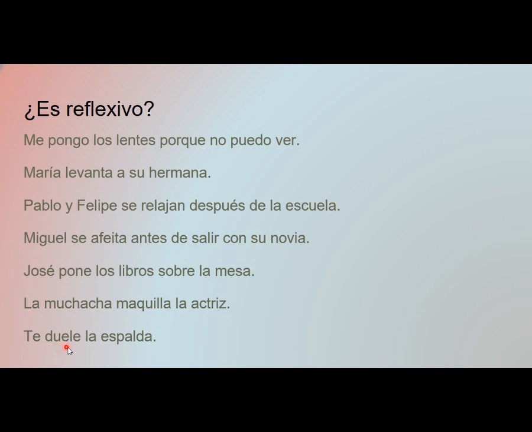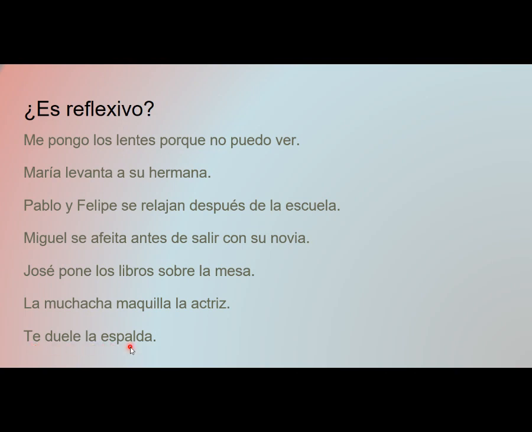If you look at the verb duele, it is not conjugated to fit this reflexive pronoun, if that were the reflexive pronoun. In this case, it is not a reflexive pronoun, but it's an indirect object pronoun. You'd want to go back to your gustar part of the module where it talks about indirect object pronouns and then the verbs that are like gustar. So right here it's saying the back hurts you.